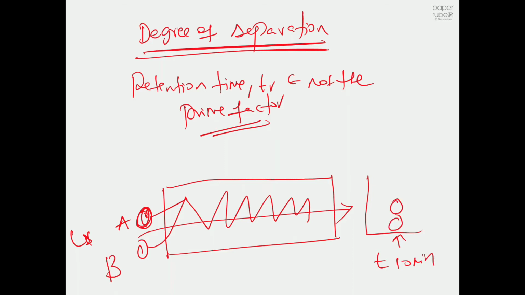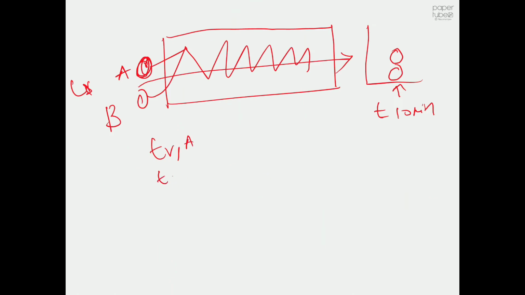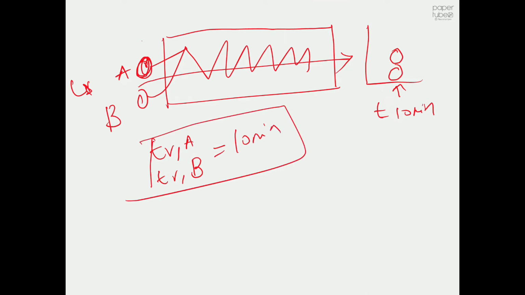So now we know the tR of A and the tR of B, both equal to 10 minutes. So we calculated the retention time. And let's say we also injected some tracer molecule that elutes from the column at 1 minute. So we know the tM value, that's 1 minute.